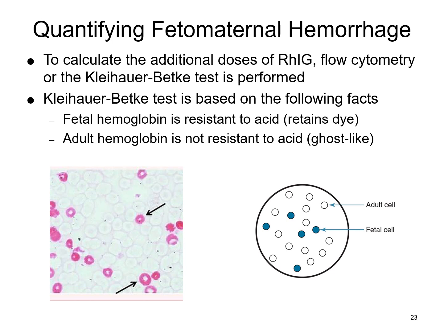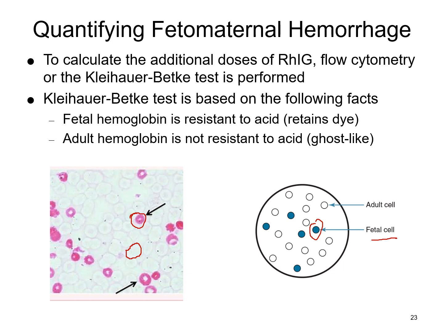So again, just to reiterate, those fetal cells are what is staining that darker color, whereas those adult cells are going to look ghost-like. So that fetal hemoglobin is actually what's retaining that dye right there. So you can see the comparison of those fetal cells versus these ghost-like cells here, or the mom cells. And so that's what we're looking for.